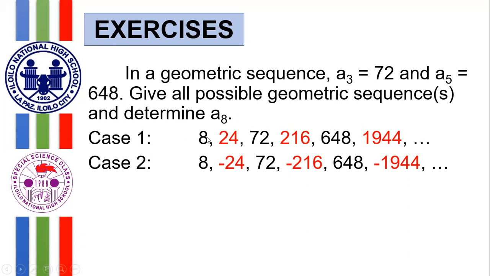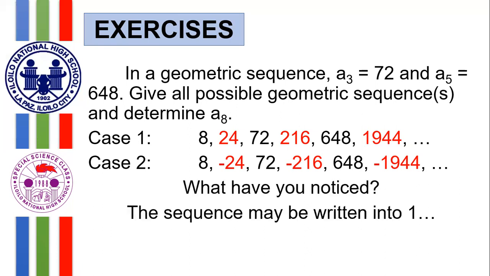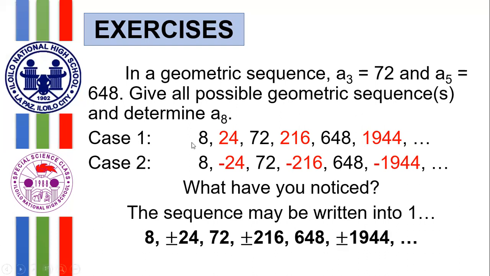If you could see, the first, third, fifth terms are the same, but the second, fourth, and sixth terms have different signs. And with that case, you could actually write them into one sequence, that is 8 plus this, what you see, 8 here, just the same sign, so it's positive 8 only, or simply 8.